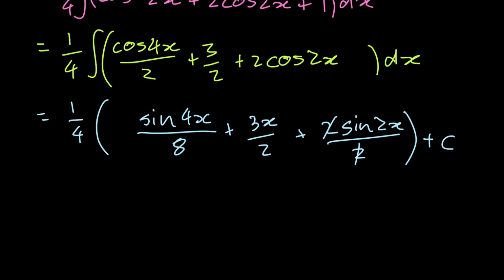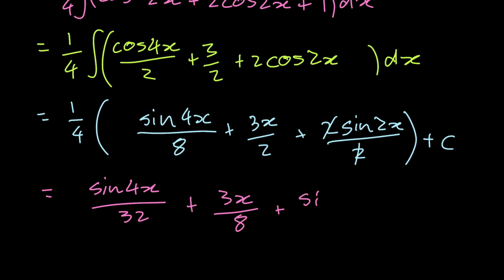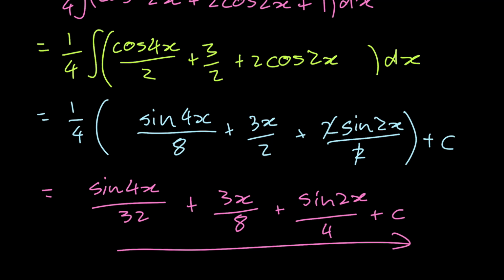Now all that's left to do is express our answer and expand this bracket. So we have 1 over 4 times this, which is going to be sine of 4x over 32 plus 3x over 8 plus sine of 2x over 4 plus c. And that is the integral solved.